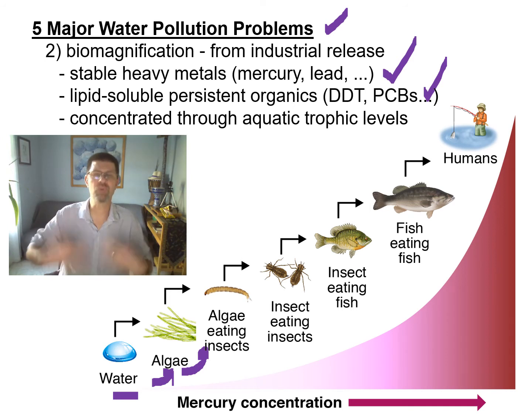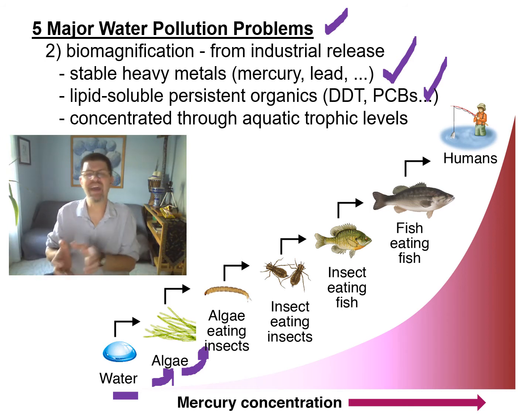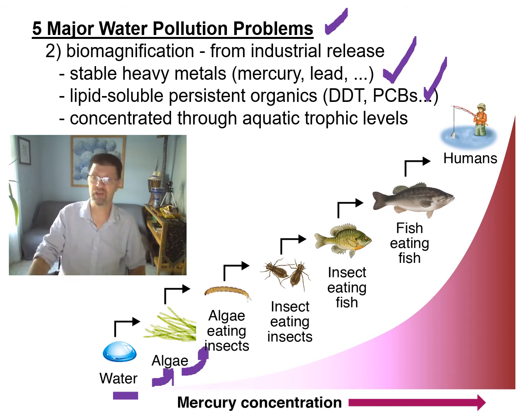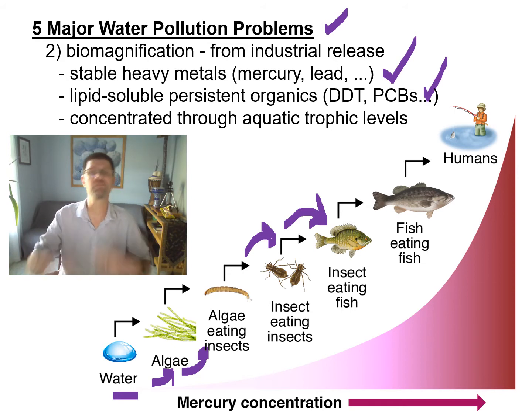As they eat more and more, it becomes attached to the lipids in their body, and it builds up in concentration. So then we have some insects that eat the insects, and it gets more concentrated. Then we have some little fish that eat the insect-eating insects, and it gets more concentrated.